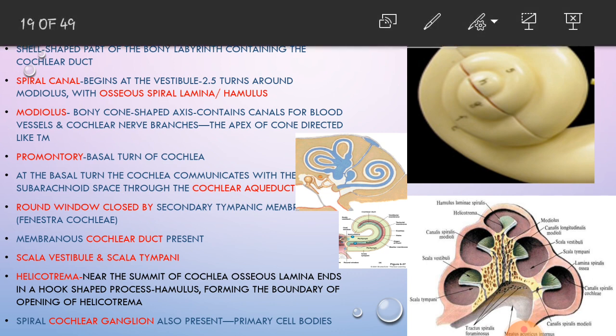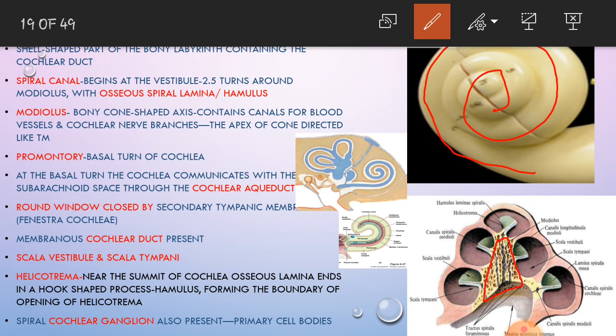Now, have a look at this diagram and you'll know what I'm talking about. This is the bony cochlea having 2 3/4 turns, or we can say 2 1/2 turns round a central bony pillar. This is the central bony pillar. This is called modiolus. Okay.